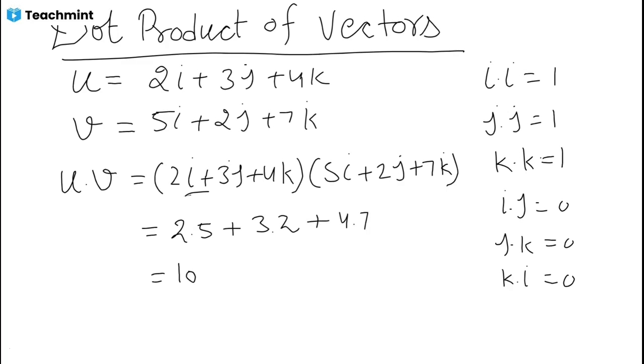So we have 10 plus 6 plus 28, so we have 44. Okay. So in this way we can find the product of vectors.